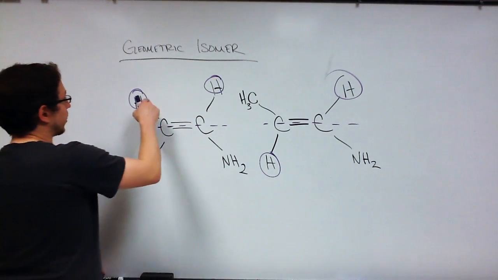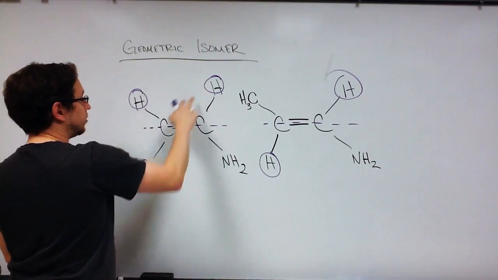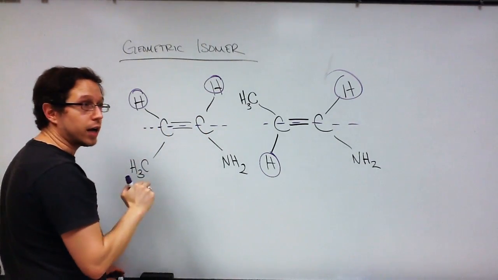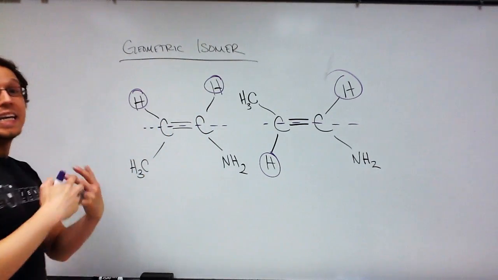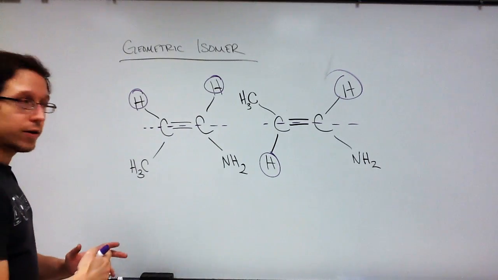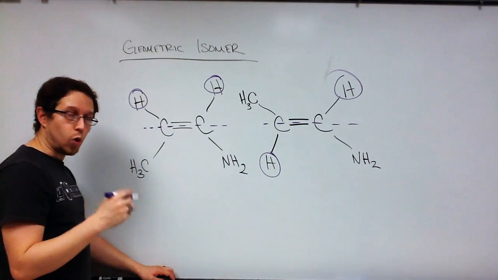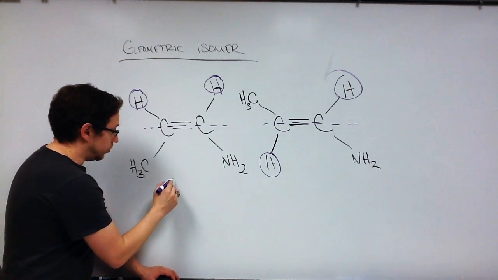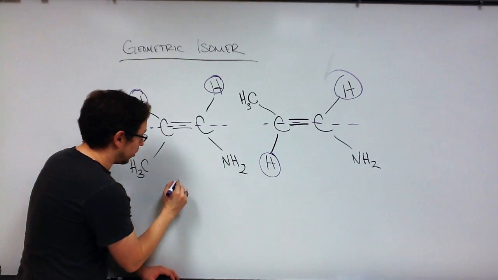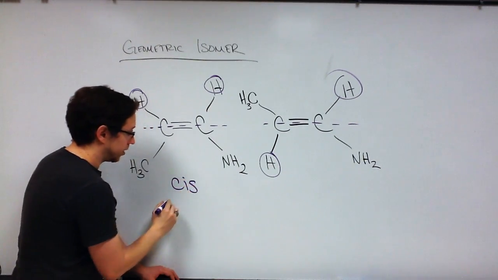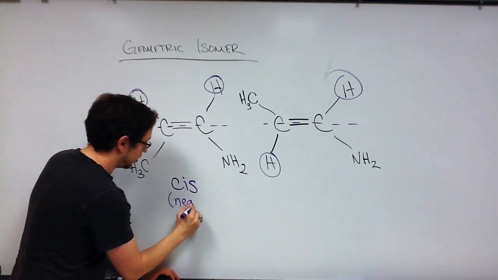So in this particular instance, both hydrogens are above this dotted line, and as a result, they're both nearby each other, or near each other. And there is a word that we use to denote that, and that word is cis. Cis means nearby.